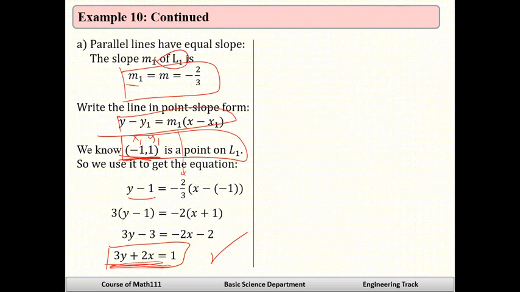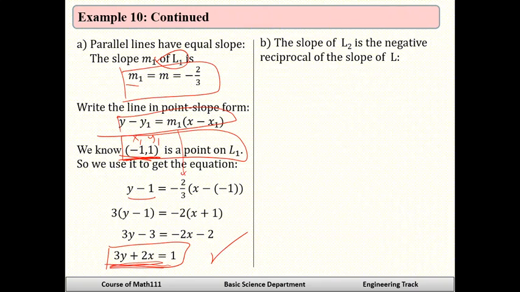Now, in the other part, there's this line L, and there is this point here. Again, it's passing through the point minus 1, 1.